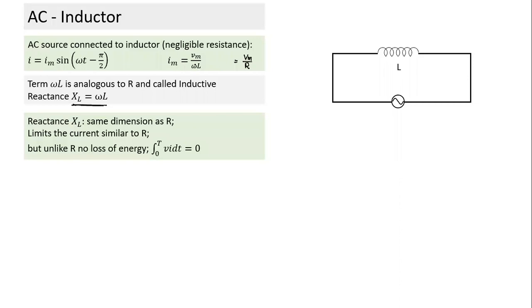But unlike resistance, in a circuit involving an AC source and resistance, if we calculate the average power over a cycle, VI doesn't come to zero. Here, if I take V into I, since they are out of phase, and we calculate V into I over one time period, it comes to zero. So unlike resistance, there's no loss of energy in one time cycle.